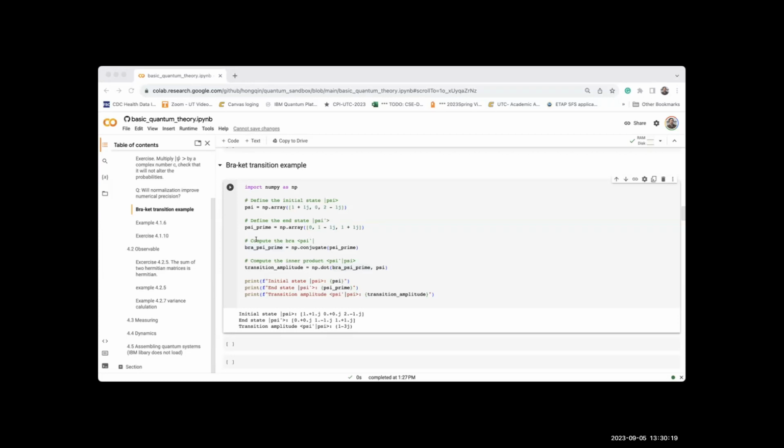We also showed how to estimate the transition amplitude from the starting state to the end state. And we briefly went through the observable: a physical observable is a Hermitian operator. I'll just stop here, at the Hermitian operator.